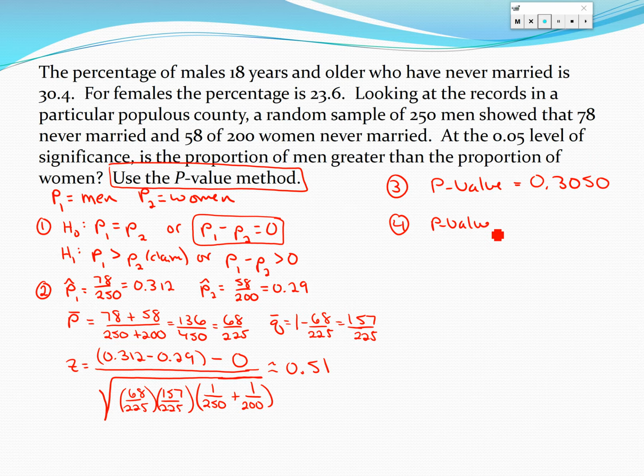So step number 4, to reject or not reject, just a little refresher on that. If your p-value is greater than your alpha, remember alpha is the area that would relate to our critical values if we found them. We don't have to for p-value. So remember, alpha is going to be the area in that right tail. If my probability, my p-value, if that area is larger than my alpha, that's when we do not reject.